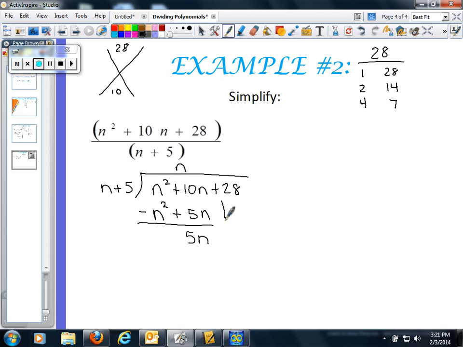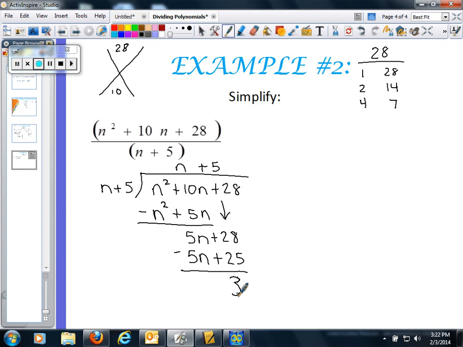I'm going to bring down my plus 28. And now I'm going to multiply the n by 5, because 5 times n is 5n, plus 5 times 5 is 25. I'm going to subtract. This is going to give me 3.